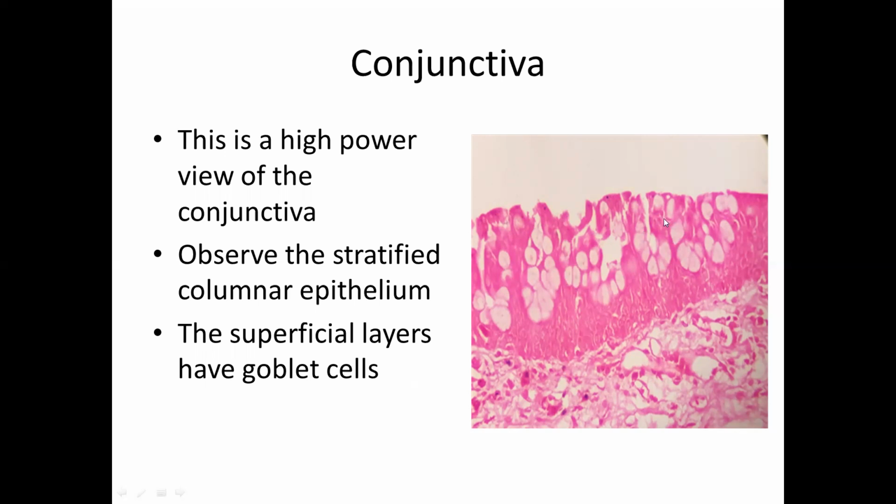These empty space like things will have mucus inside them, so a vesicle of mucus filled areas at the luminal surface of these superficial cells. This mucus will be secreted onto the surface of the conjunctiva, and that is one factor which keeps the eye moist, right?